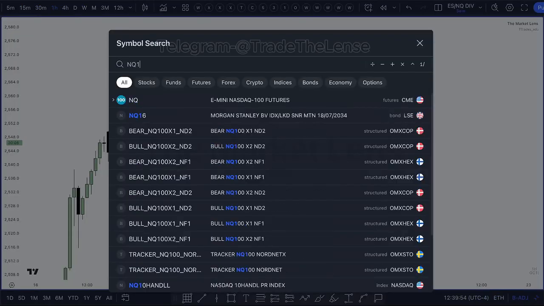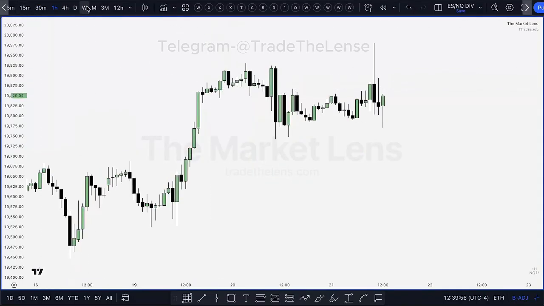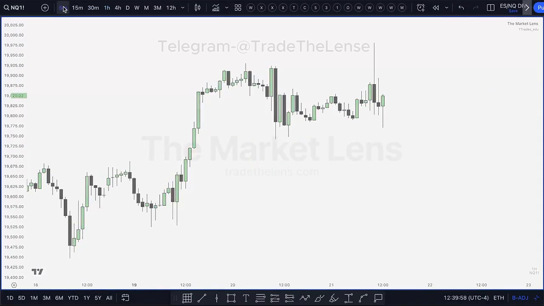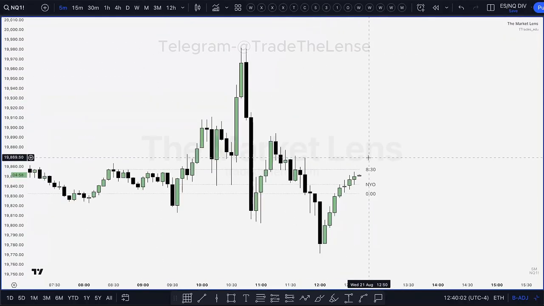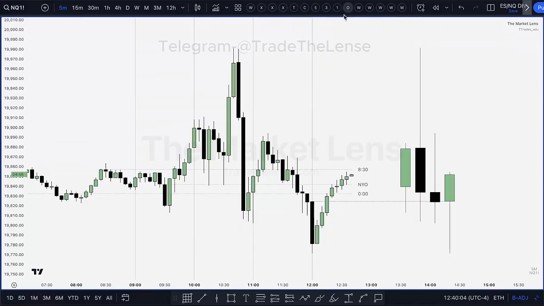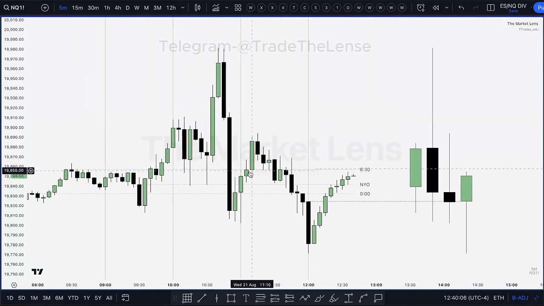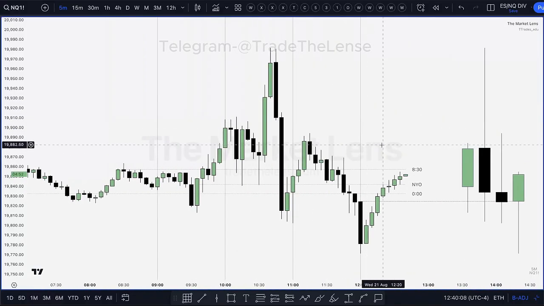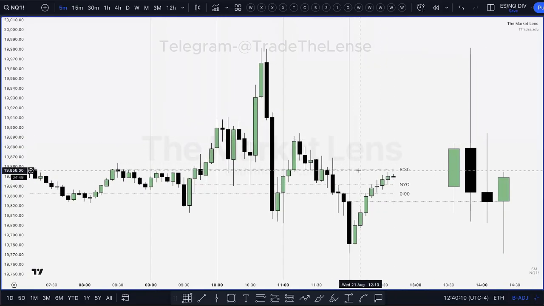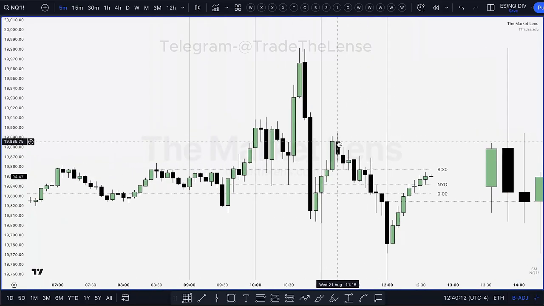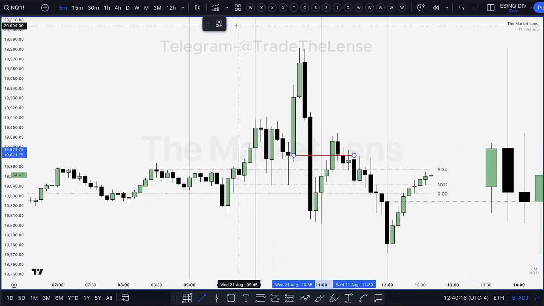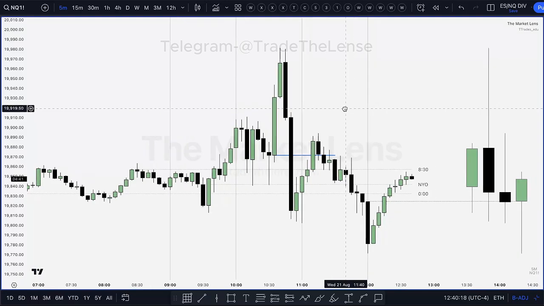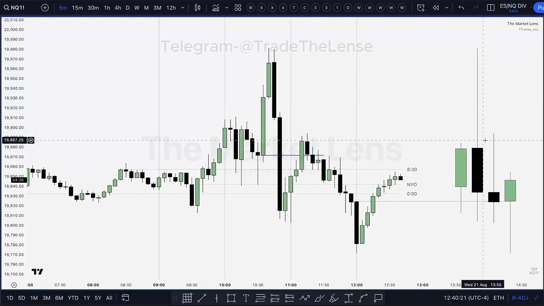What are we in? We can go back to NQ. I was watching the 1 minute here, so I don't know what the 5 looks like, right? But let's take a look at this. Why I wouldn't really be interested, unless I'm trading this on a lower time frame, is this is our candle 2. We have that candle 2 closure, right?